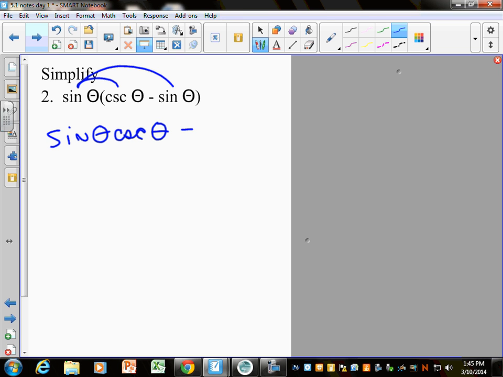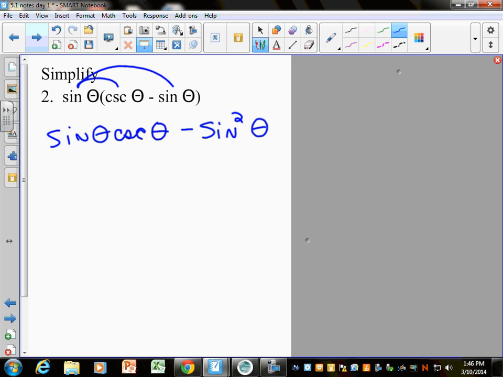What would you get? Sine squared theta. Sine times sine is sine squared, just like x times x is x squared. And again, notice you square the sine, you don't square the theta. So that didn't get us very far, did it?